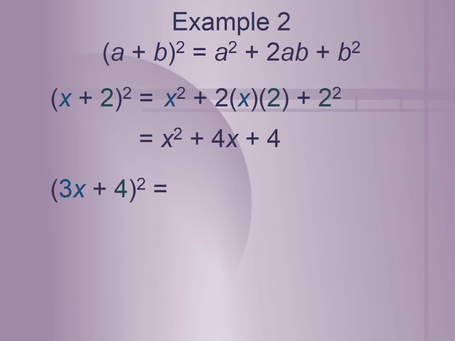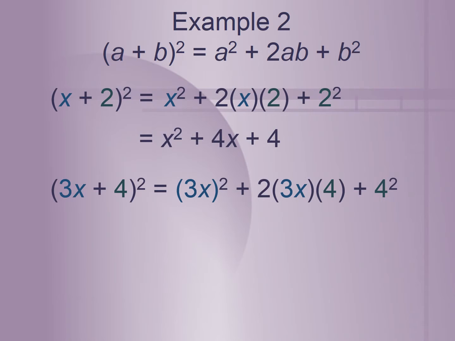Let's try another one. Let's try 3x plus 4 squared. So notice that 3x is our first term and 4 is our second term. So we start with squaring our first term, so 3x squared, plus 2 times our first term times our second, so our first term is 3x and our second term is 4, plus our second term squared. So our second term is 4, so we'll do 4 squared.